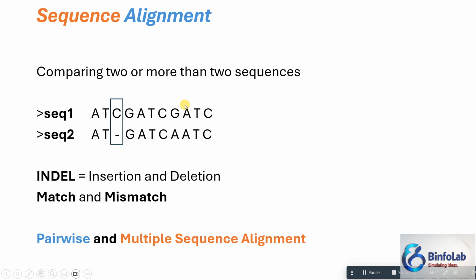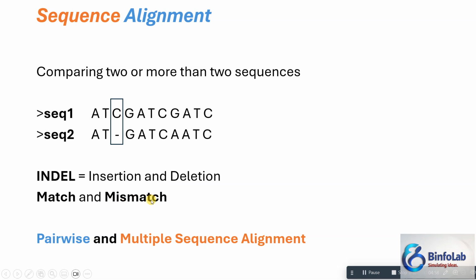Now, another scenario in this alignment: we will see matches and mismatches. For example, A matches exactly adenine from sequence 2. So this is a match, thymine, guanine, again adenine, thymine, cytosine. Now, G and A, this is a mismatch.